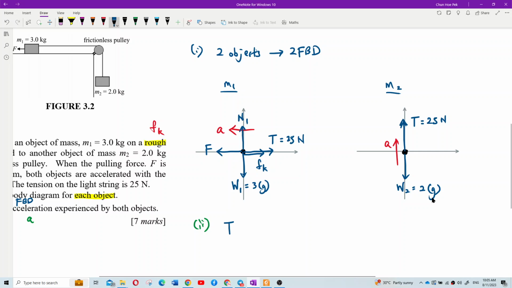Remember we say follow acceleration positive, opposite acceleration negative.